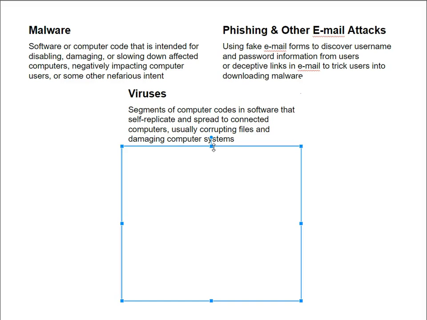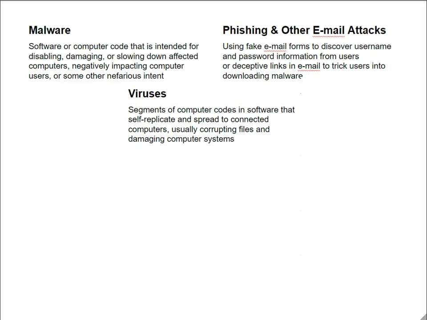A lot of time when people talk about malware, they use the words malware and viruses interchangeably, but it's just not the case that these two are interchangeable. Viruses are very specific. They spread themselves to the computer systems that are affected, and they replicate and copy themselves within those systems.